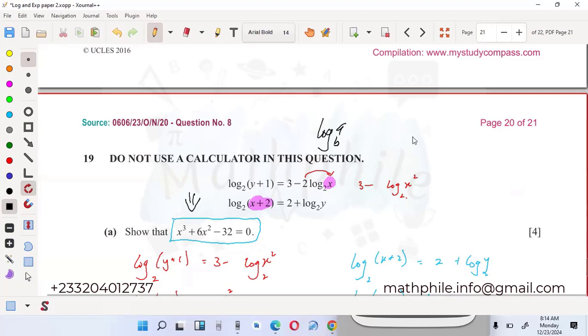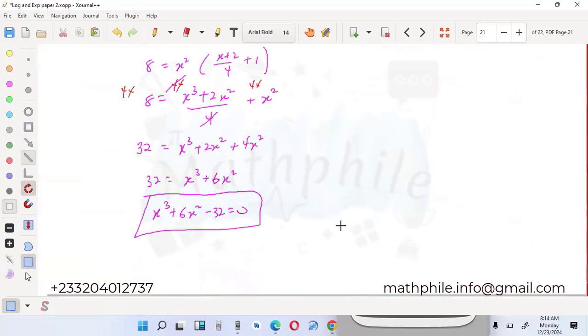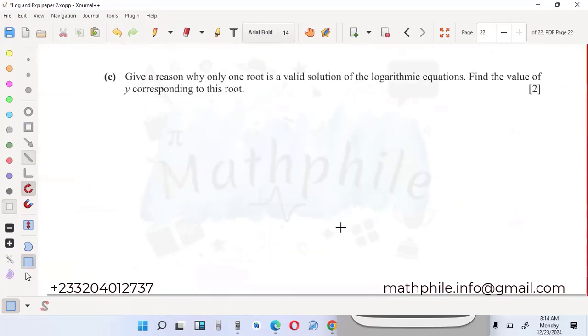If log a base b, the domain will be that a is greater than 0, at least for this one. So the reason is that it's going to make the logarithm contain a negative number, which will be out of the domain of the logarithm function.